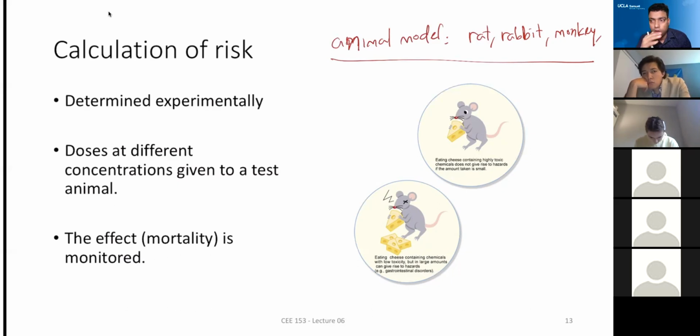The point here is that we determine toxic doses, how much dose is toxic to certain animals which have properties similar to us, or mammals. Once we determine the concentration that causes an effect in these animals, we extrapolate to humans. That extrapolation has certain mathematical functions, so we'll discuss that.